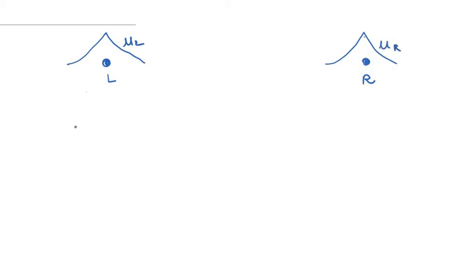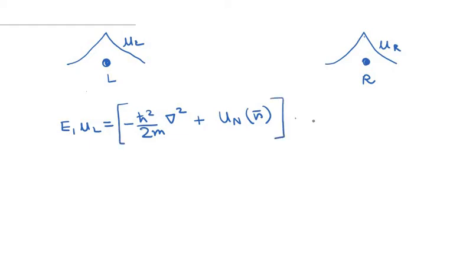So we know the energy of this orbital, which is E1, and E1 UL is equal to minus h bar squared by 2m del squared plus UN(r) acting on UL.